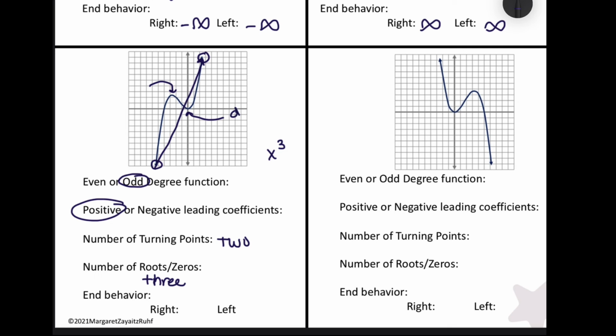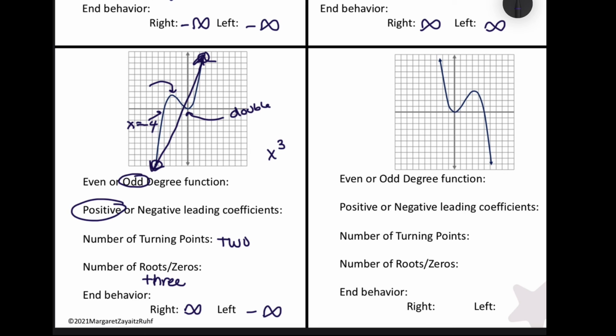This root right here is a double root since it just skims the x-axis, and this root right here we can tell is x is equal to -4. So that lets us have 3 solutions to this polynomial. On the right-hand side of the graph, we are headed up to positive infinity. The left-hand side of our graph is headed to negative infinity.